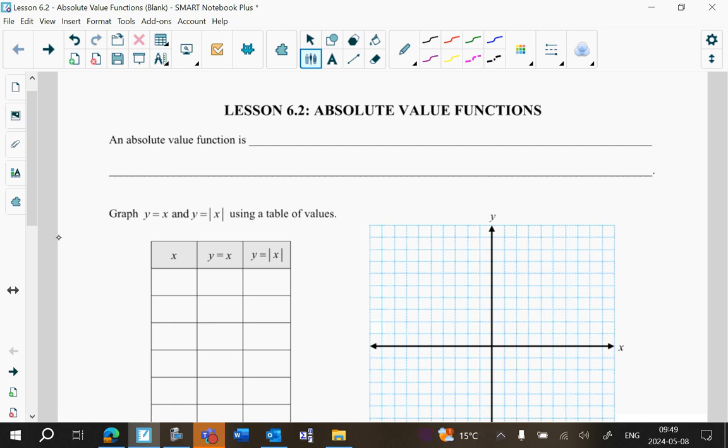But first, the absolute value function is a function that involves the absolute value of a variable.